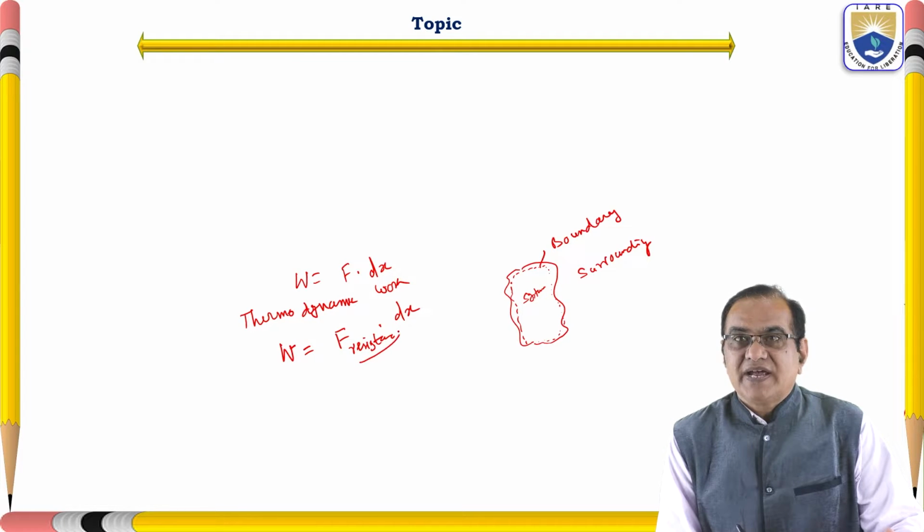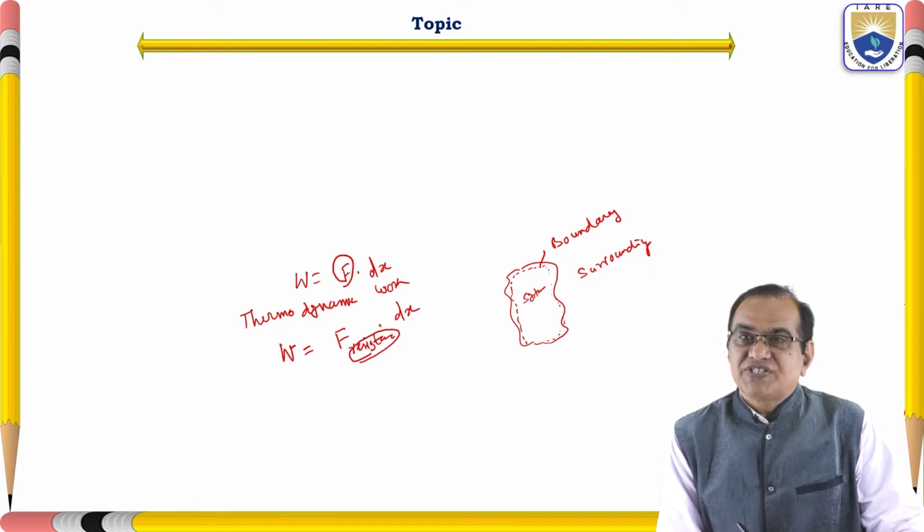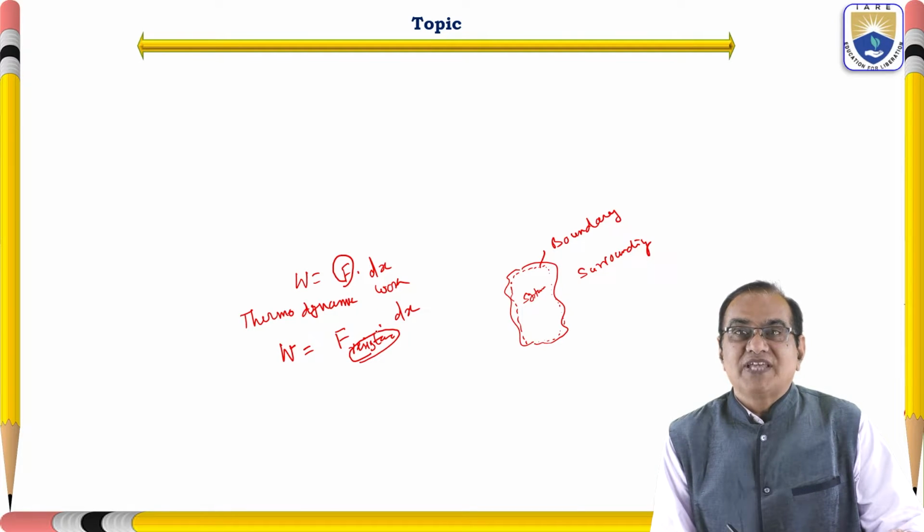So the resistance force is required, but normally this is a force applied. If there is no resistance, there will not be any thermodynamic work. To have thermodynamic work, a resistance is required.